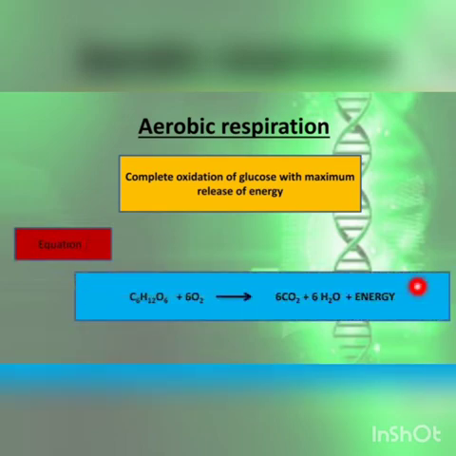This is the glucose molecule C6H12O6 and it is oxidized in the presence of oxygen, and carbon dioxide and water molecules are formed along with energy. This is the overall equation of aerobic respiration. We will also learn the complete mechanism of aerobic respiration in the next slide.